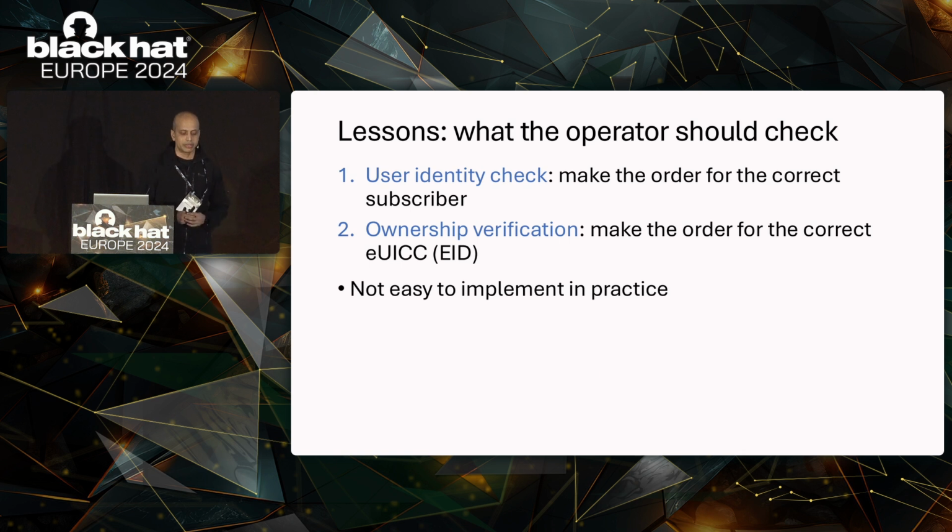Along with that, verifying ownership of the UICC now becomes important. Whenever the MNO or mobile operator shop sells a subscription and a profile is ordered, verifying that the device is owned by the person is important. Although these are easy to say, they are hard to implement because of different business reasons in the operator world.